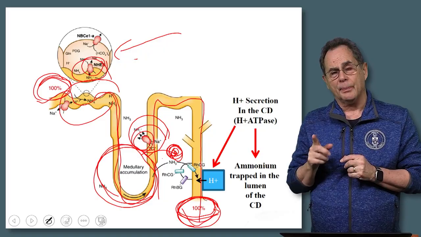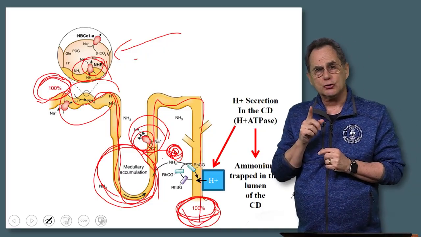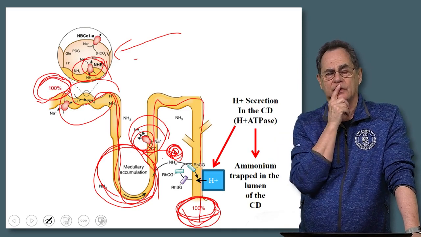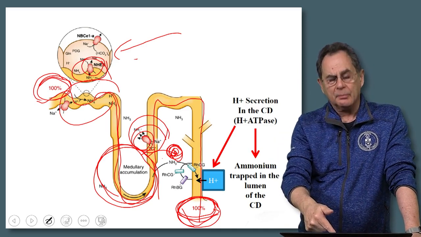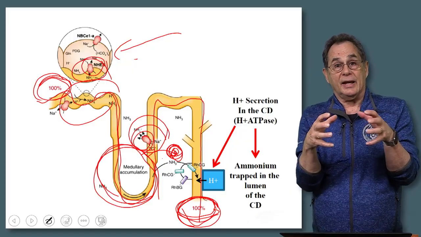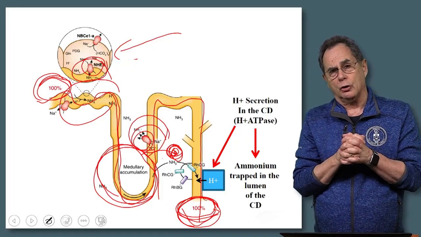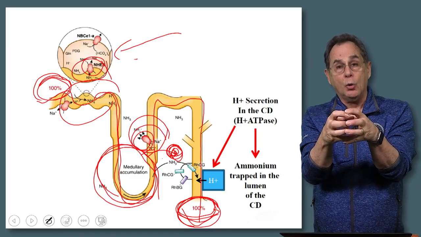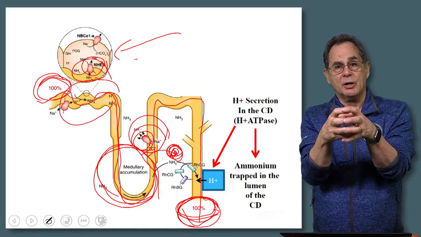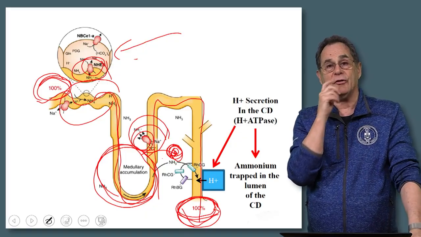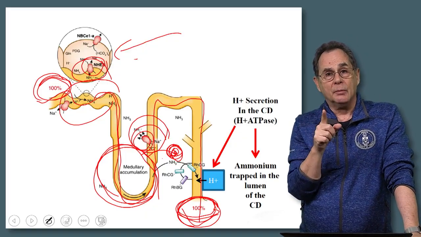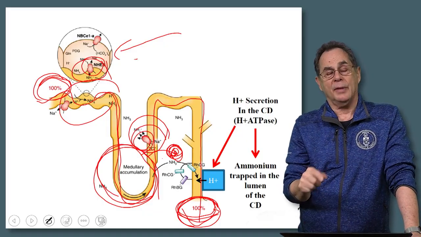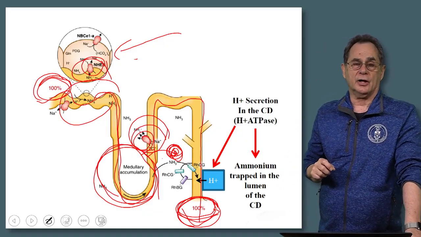And then what the cortical collecting duct, the intercalated cell, does is it pumps hydrogen ion across the luminal membrane, where in the lumen of the cortical collecting duct, the pumped in hydrogen binds to the ammonia and traps the ammonium in the lumen of the nephron. And ammonium is not permeable to the luminal membrane of the cortical collecting duct cell.